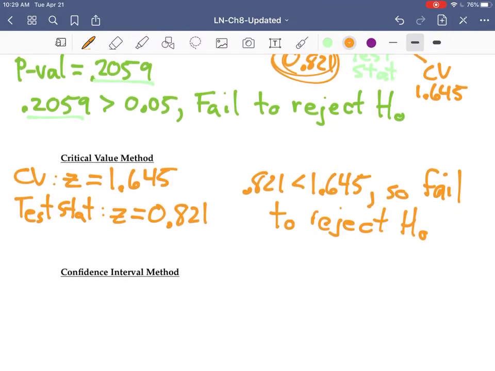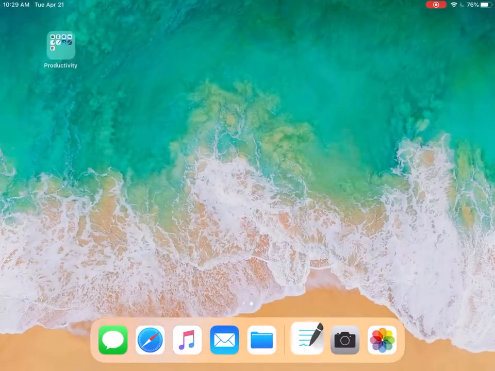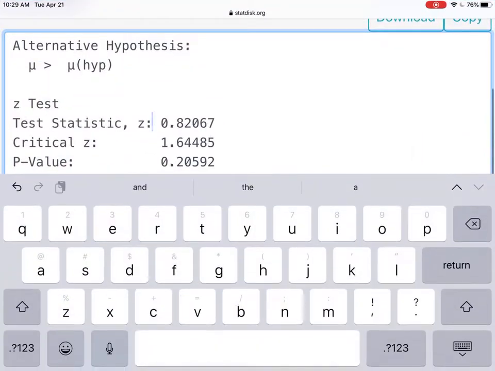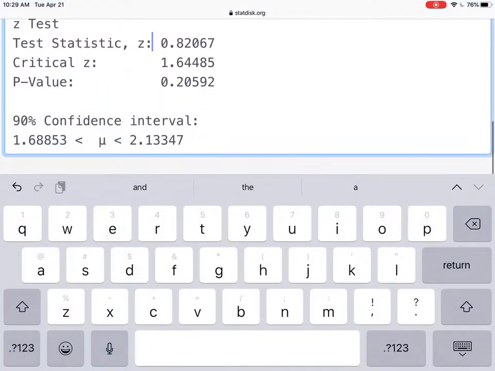And then finally, our confidence interval method. With that, if we go back to StatDisk one more time, down here at the bottom, we have 1.689 to 2.133.